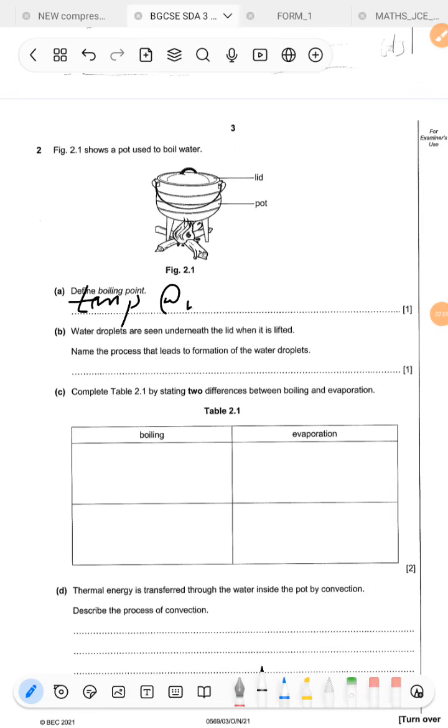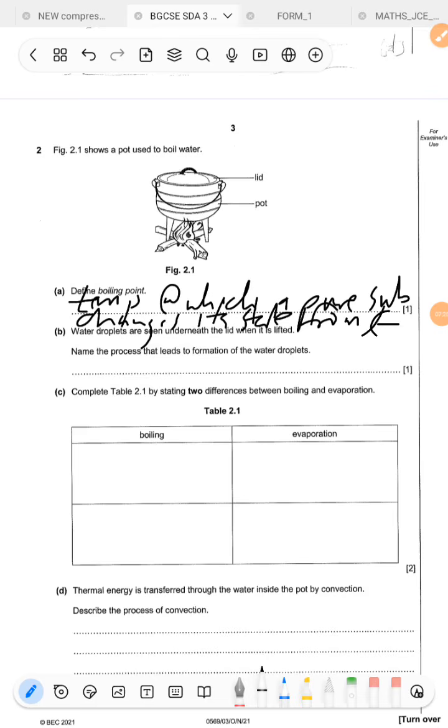at which a pure substance changes its state from liquid to a gas. Okay, liquid to a gas.